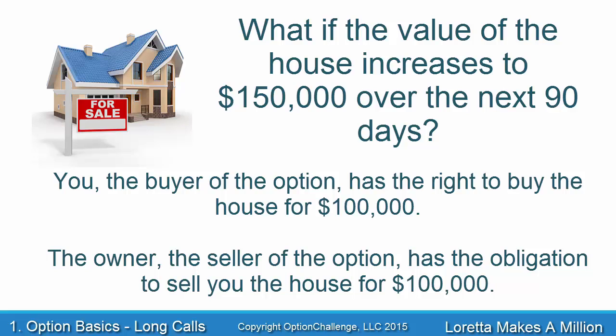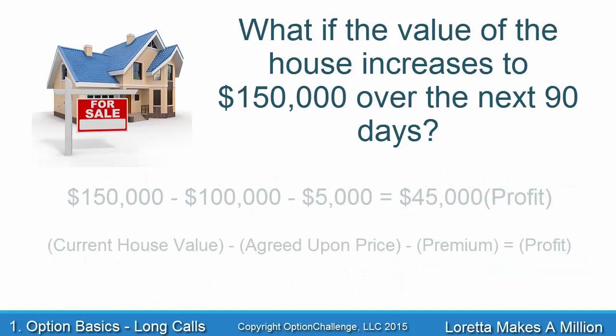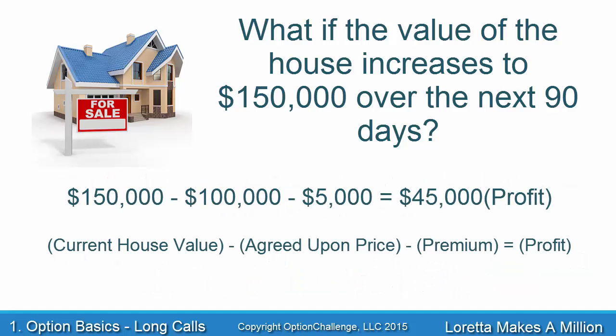If you were to sell this home after you bought it for $100,000, you could make a profit of $45,000. $150,000, the current house value, minus $100,000, the agreed upon price, minus the $5,000 premium. This is a $45,000 profit from a $5,000 investment in 90 days. This is why people buy options.